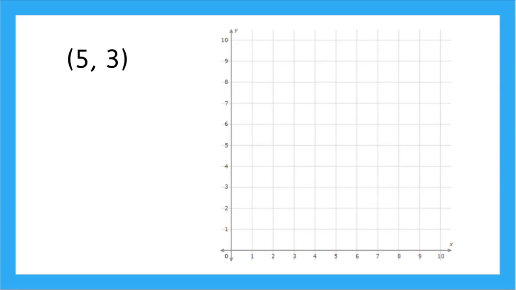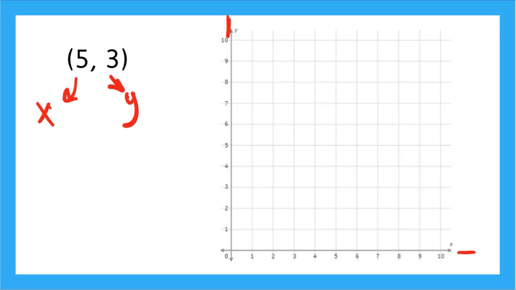So here it looks like we have our ordered pair 5, 3. Remember, this first number corresponds to our x-axis, and our second number corresponds to our y-axis. We have our x-axis down here and our y-axis up here.